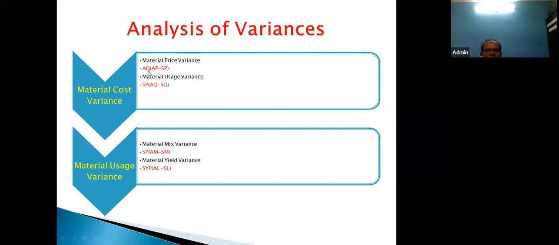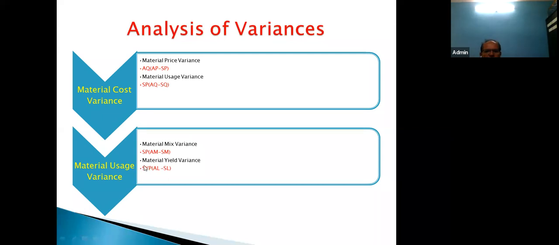AQ stands for actual quantity. Actual quantity, in bracket actual price minus standard price, bracket close. That is material price variances. Material usage variances is calculated as standard price in bracket actual quantity minus standard quantity.